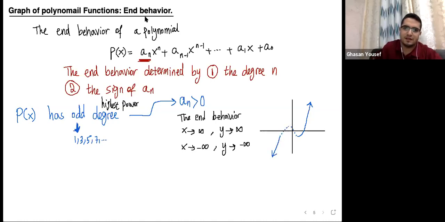As we see here, when x goes to infinity, becoming larger and larger, the y value becomes large at the same time. It goes up, as you see. And the same thing for the negative side. If x goes to minus infinity like this, the y value goes to minus infinity.